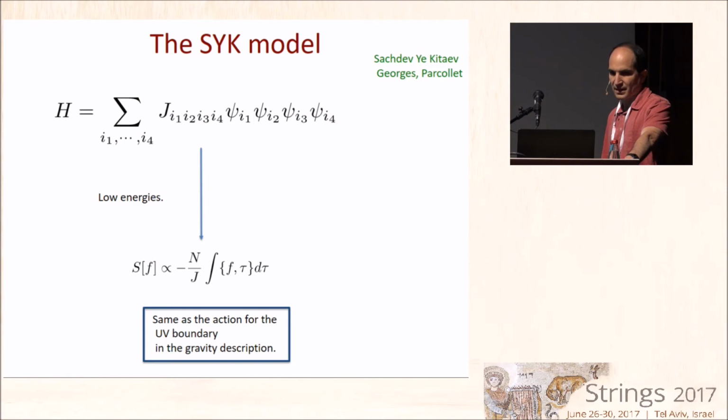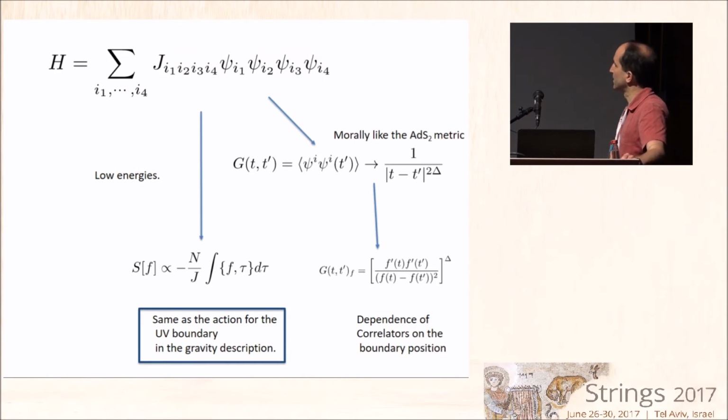Now, everything that we said depended only really on the motion of the boundary, and that was related to the Schwarzian action. So everything we said is also true in the SYK model. As Douglas discussed, we start with the SYK model. We can think in terms of the fermion 2-point function that roughly is the same as the metric in AdS2. And then we have some low energy variables governed by the Schwarzian action, and they couple to fermion 2-point functions and so on in this way.